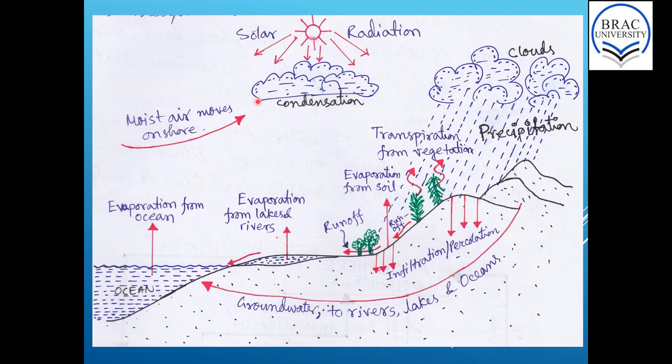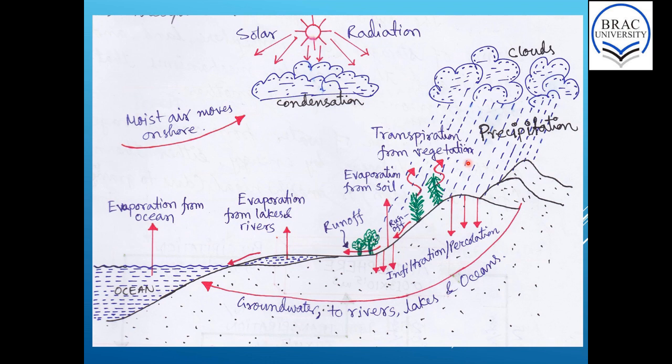So after condensation, what will happen? A huge amount of cloud. The air cannot bear that huge bulky amount of cloud, and due to gravity, it will fall down to Earth's surface. And any fall due to gravity is known as precipitation. Any fall due to gravity.